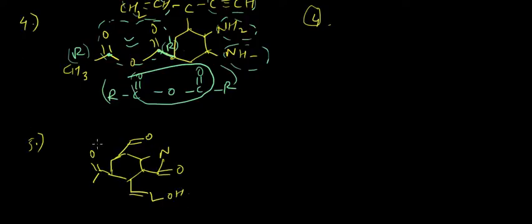First is the keto group, another is the aldehyde group, this is the amide group. If you are able to see it, this nitrogen has 2 hydrogen atoms attached to it. Fourth one is the alkene group, and fifth one is the alcohol group. So the total will be 5.